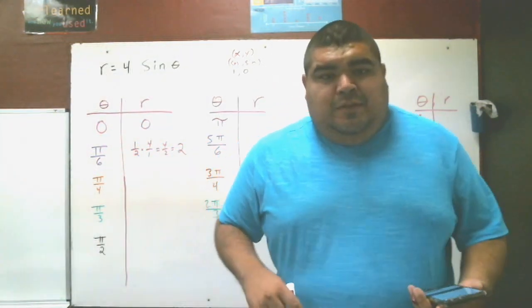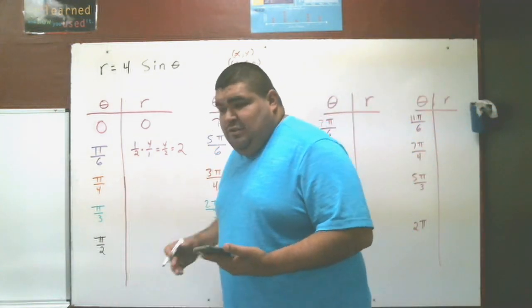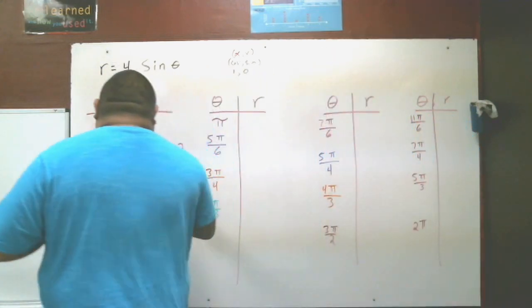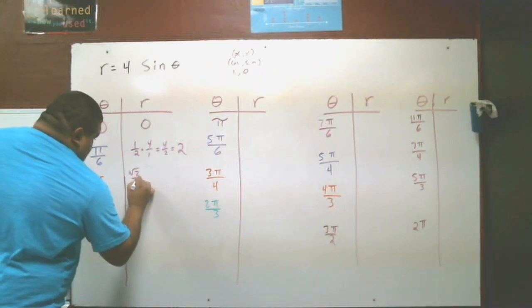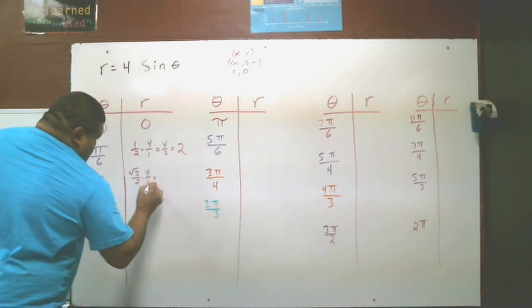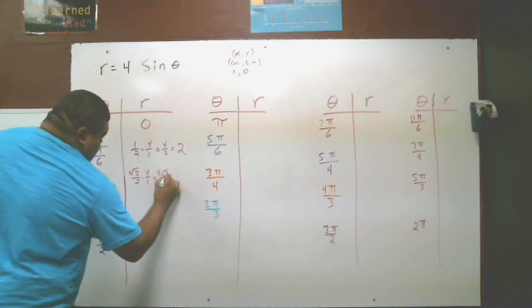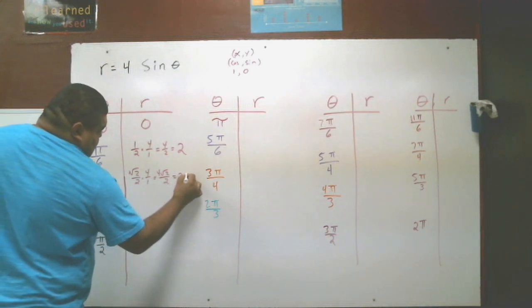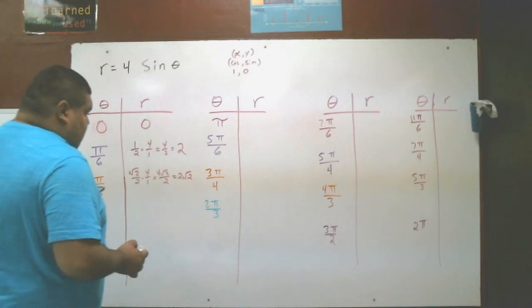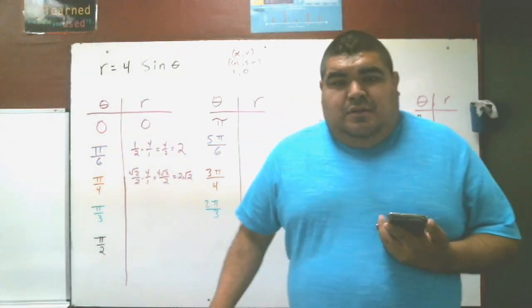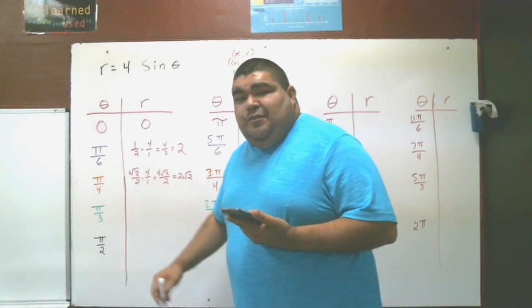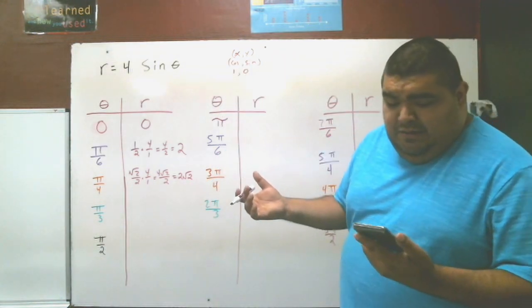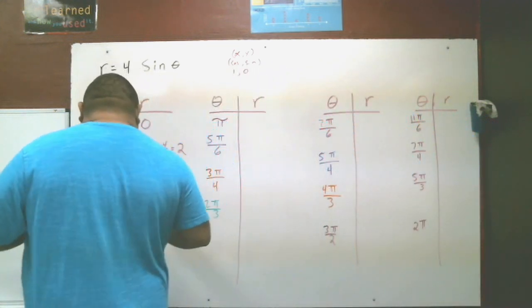Then we have pi over 4, which is radical of 2 over 2. So radical of 2 over 2 times 4 over 1 equals 4 radical of 2 over 2, which 2 can go into 4 2 times. So technically it becomes 2 radical of 2. Then we go to pi over 3, which sine on pi over 3 is radical of 3 over 2.